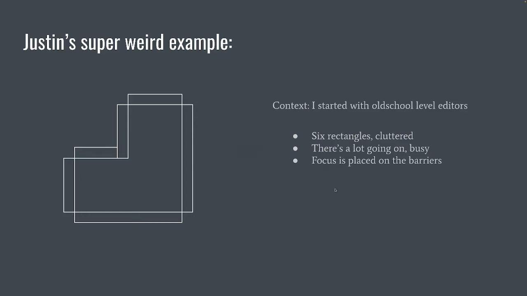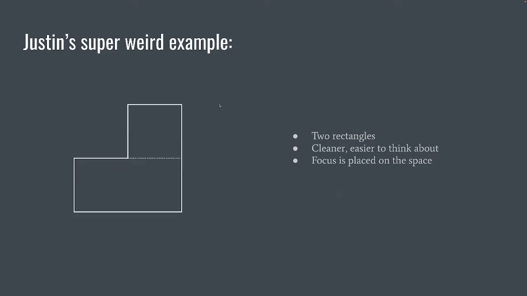And this is the eureka moment that I had. If you just focus on the inside of the walls, things suddenly become a lot easier to think about. You've gone from 6 shapes down to 2, and you still retain that L-shaped space that you want. So instead of focusing on the barriers, you've focused on what you're allowing the player to do, if that made any sense. So far, so good, y'all?